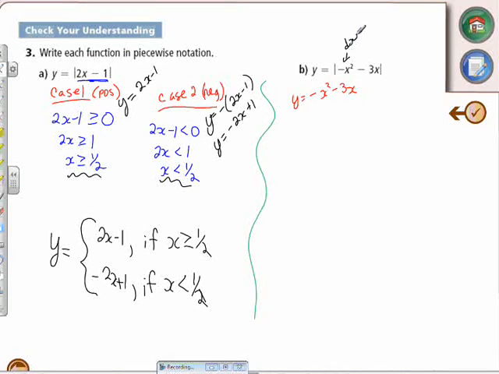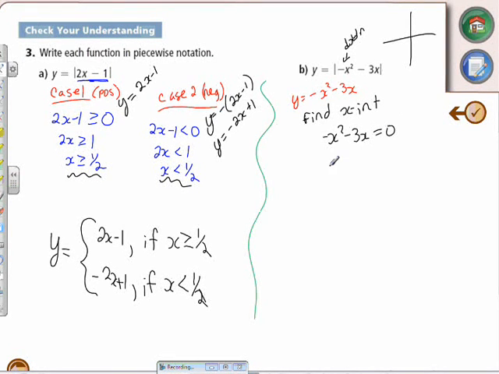So we look at it and say, oh, it's opening down. And where are the x-intercepts of those? So let's find x-intercepts. The x-intercepts for this would be when negative x squared minus 3x equals 0, when y equals 0.